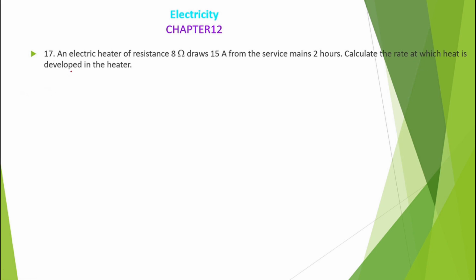Next question. An electric heater of resistance 8 ohms draws 15 amps from the service mains for 2 hours. Calculate the rate at which the heat is developed in the heater. So what has he given? R is equal to 8 ohm. I he has given 15 amps.